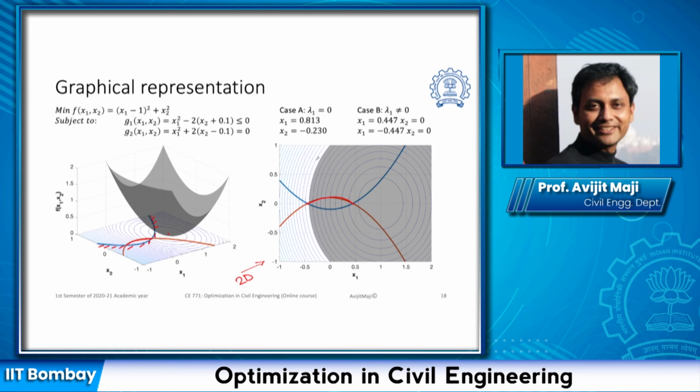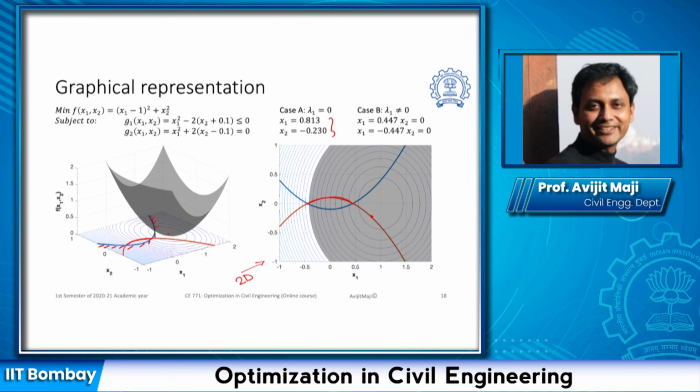We had tested two conditions. In the first case we considered that my inequality constraint is inactive, which means it has no role to play, indicating my complete orange line is my feasible solution range. And in that case, when we tried to solve the problem, we got this point, which can be represented somewhere here as my solution point.